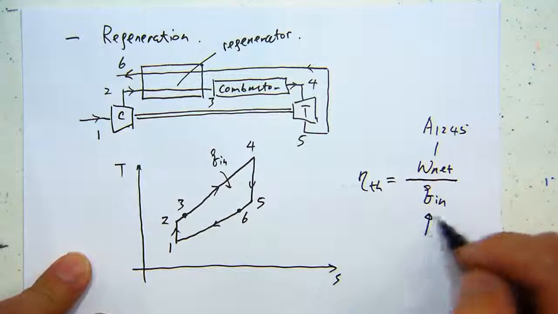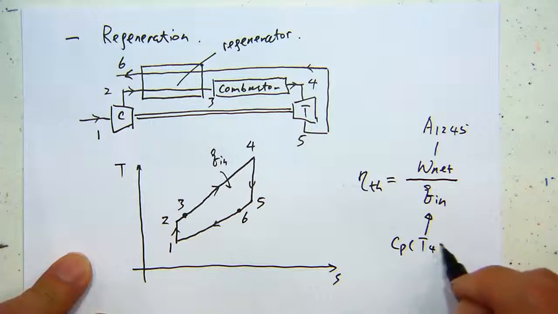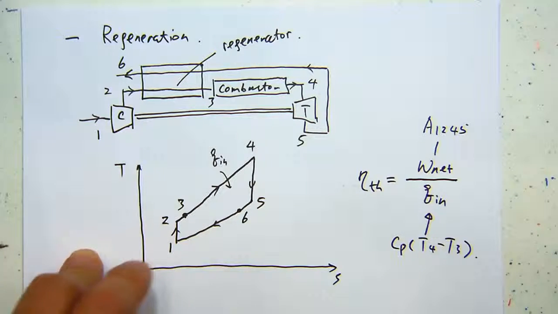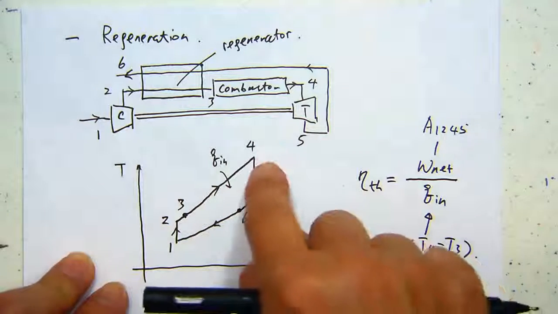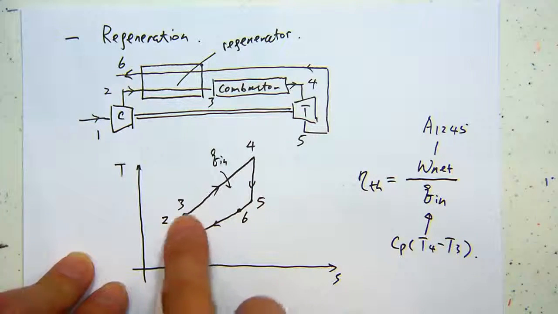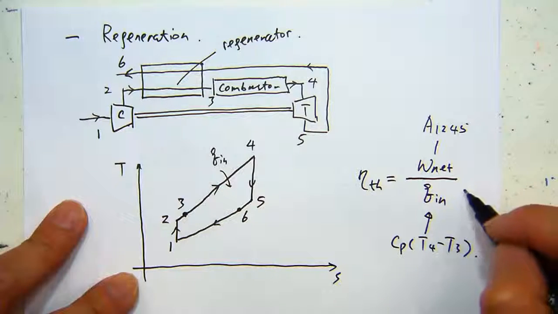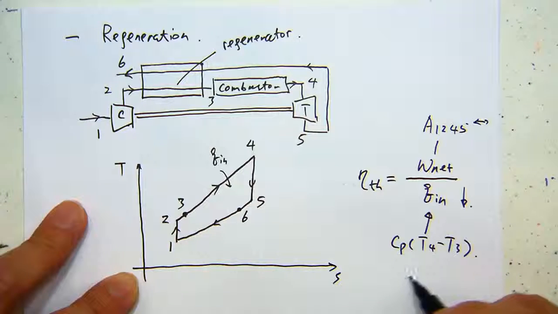So this one is Cp (T4 minus T3), which is smaller than before. Previously you had to go from 2 to 4. Now, some part of it is being saved because you are using the exhaust heating. So this term goes down, and this term does not change. So the thermal efficiency must go up.